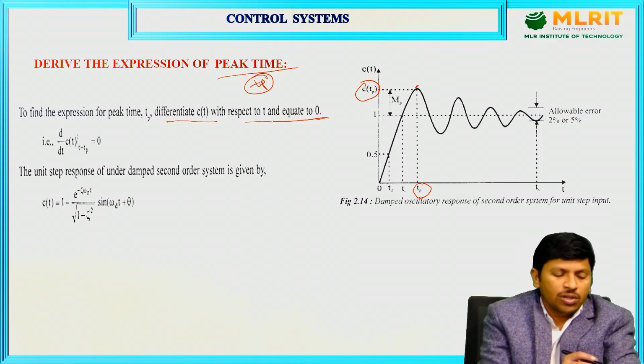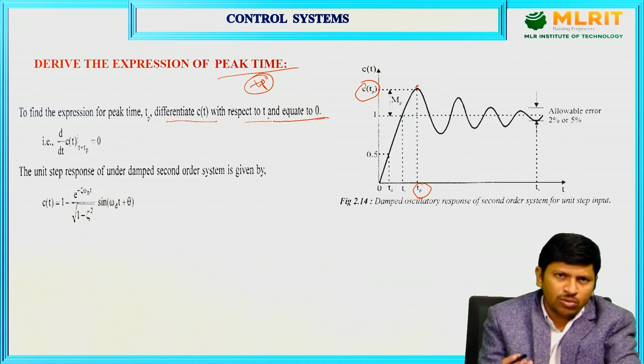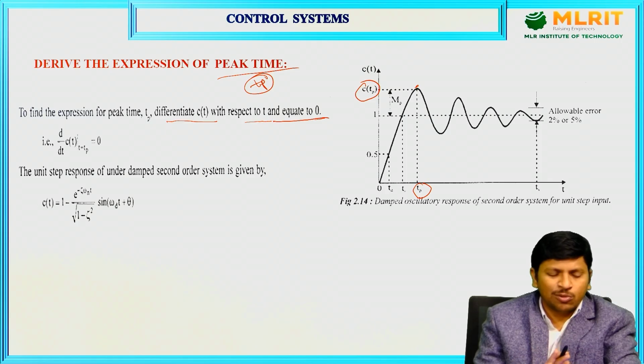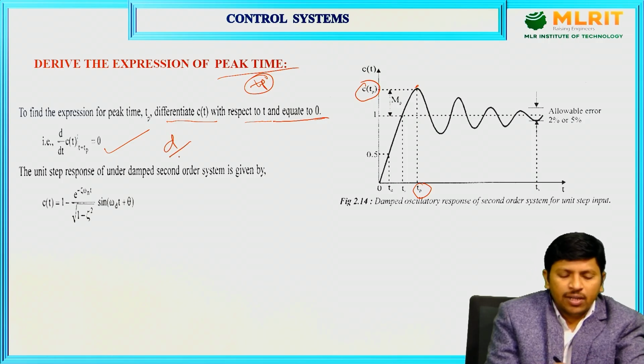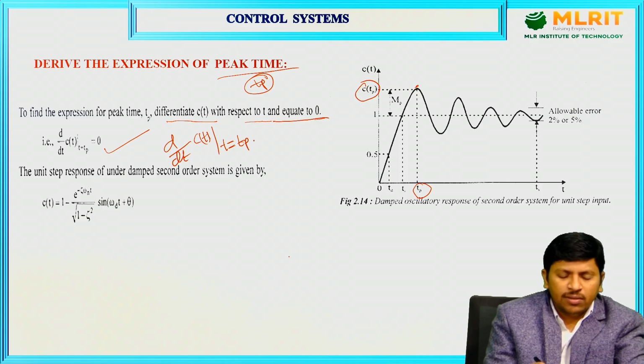Here I am going to write d by dt of c of t at t equals to tp, because tp is the peak time, equating to 0.